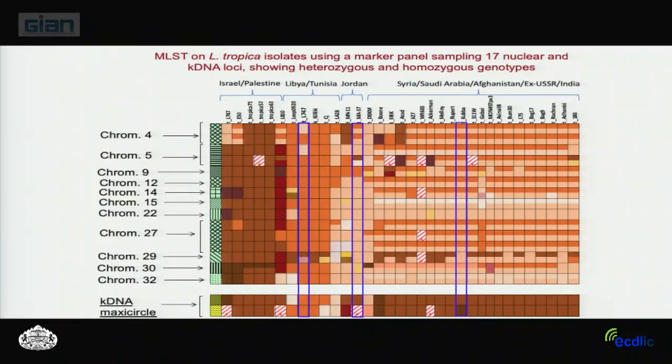So if you just look at genetic markers, this is not whole genome sequencing, but multi-locus sequence typing, just specific nuclear markers on different chromosomes. These are the heterozygous lines of two strains, 747 and MA37. One's from Jordan and one's from Tunisia, I guess, or Libya.